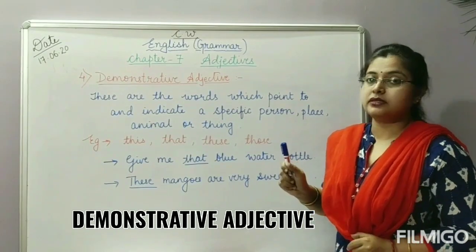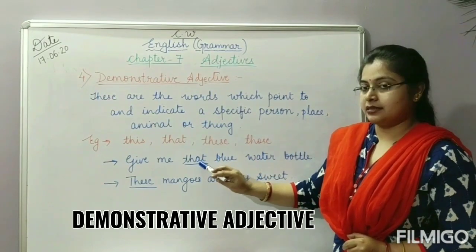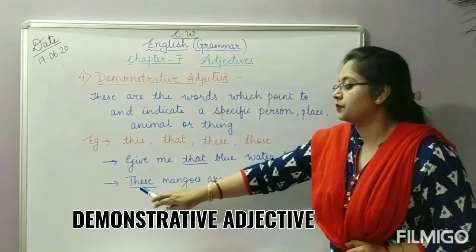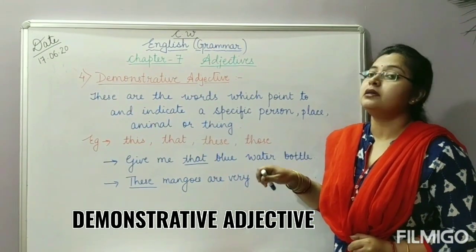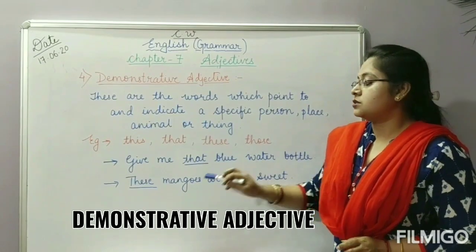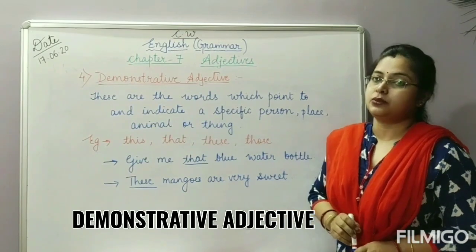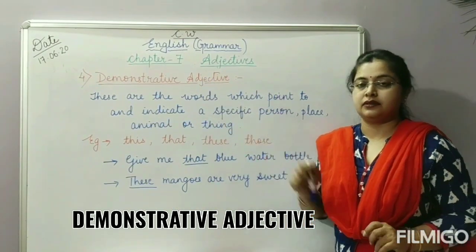I am pointing towards one blue water bottle, a specific water bottle. That. So this word is demonstrative adjective. These mangoes are very sweet. I am talking about some particular mangoes. So I am pointing towards those mangoes. So these are the demonstrative adjectives.